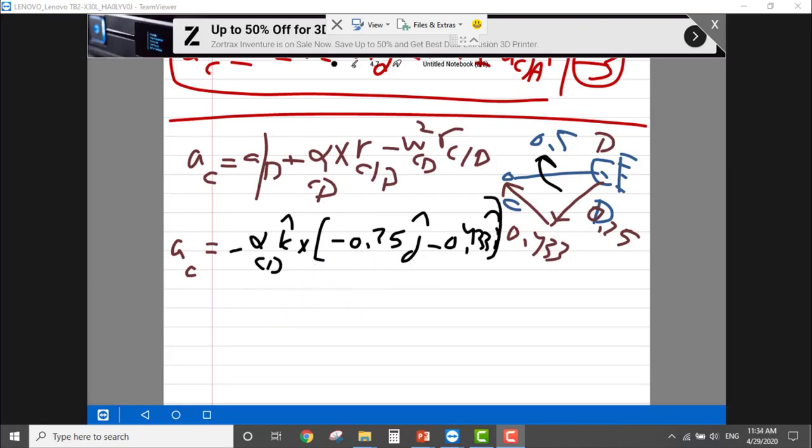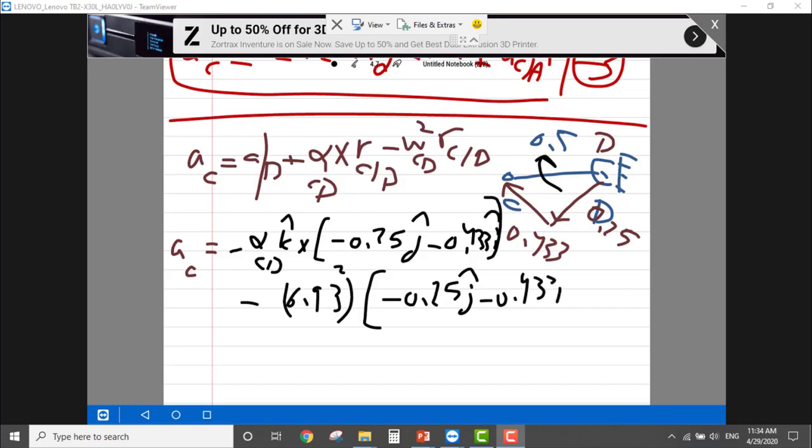So we write minus omega CD, this is 6.93 squared, times minus 2.5 J direction minus 4.33 I direction.